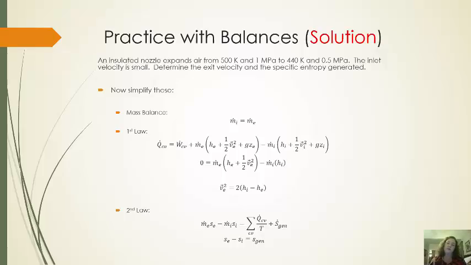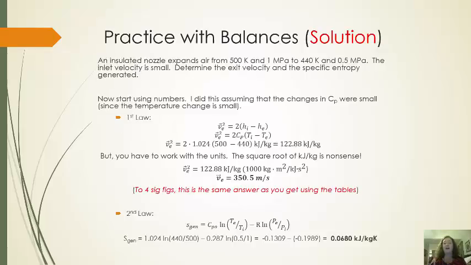Now, velocity squared equals 2 times the change in h. This is air. In the textbook we only have properties for water. I gave properties for propane. So what are you going to do? Oh yeah, air is one of the things that I said you can usually call an ideal gas.